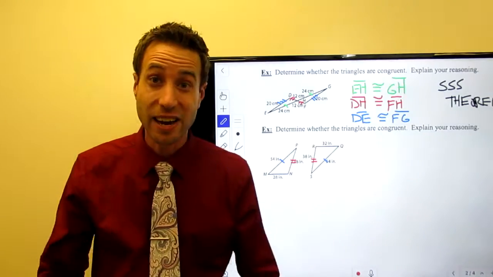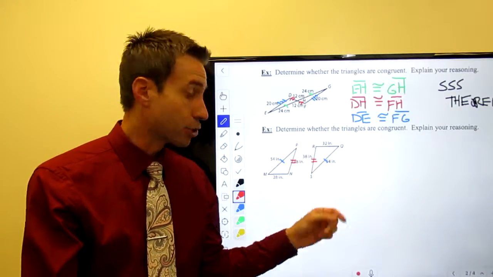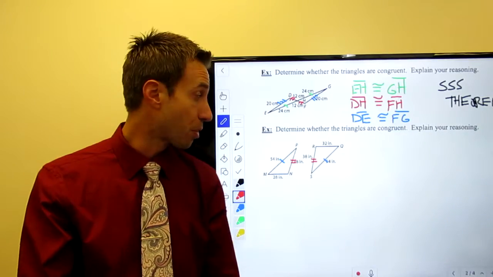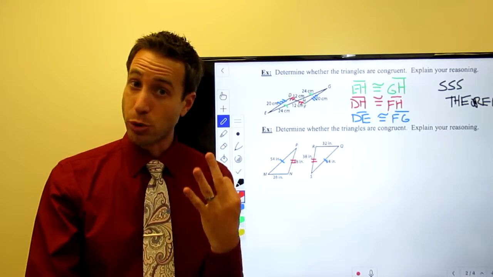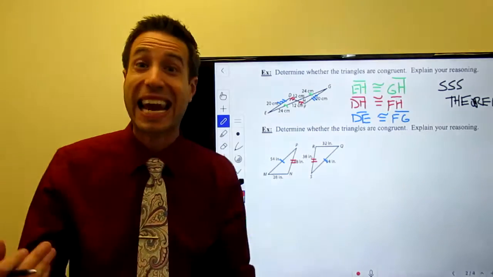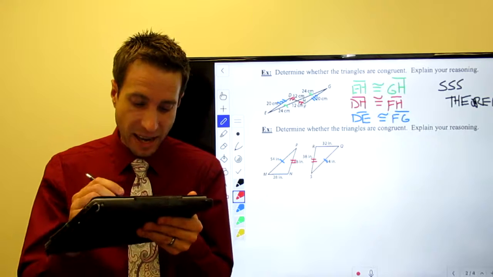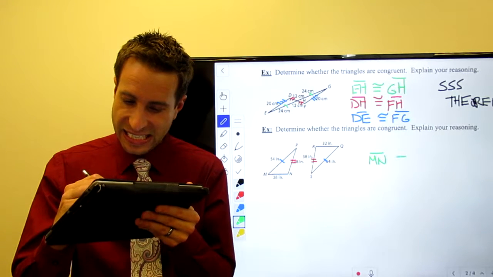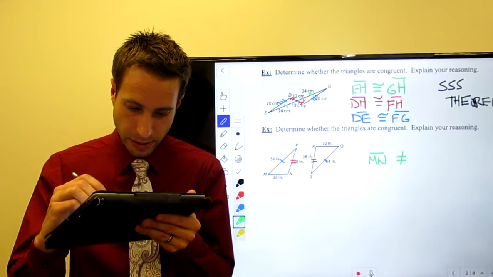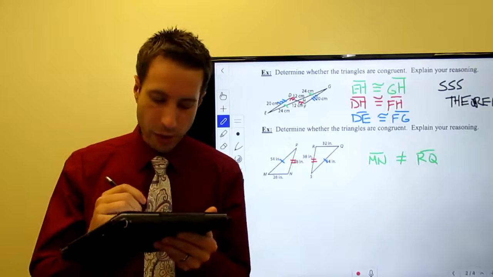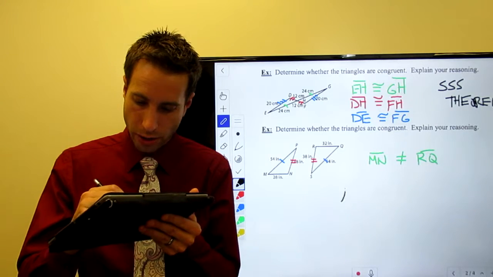But guys, that's not enough. Right here, I've only been able to show that two of the three pairs of corresponding sides are congruent. I have to show that all three corresponding pairs of sides are congruent, and I can't. So, because MN is not congruent to RQ, I know that these two triangles are not congruent.